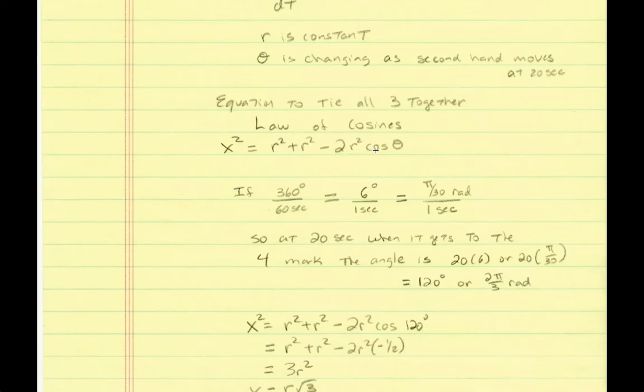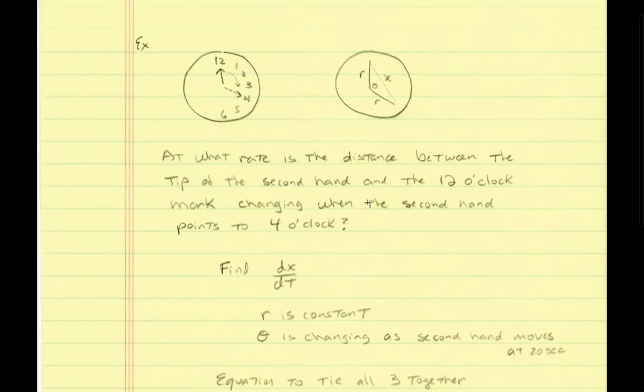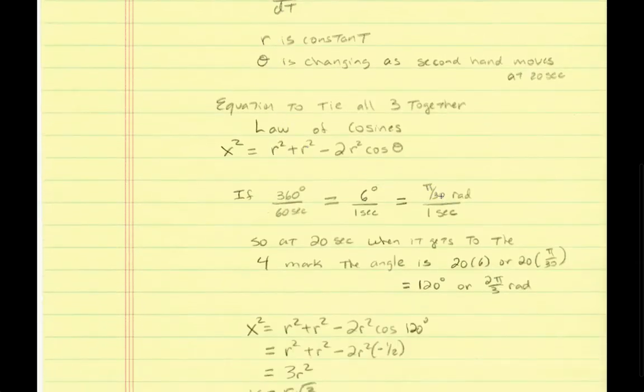Now I've got some stuff to fill in before I take the actual derivative. First, there are 360 degrees in a full circle and 60 seconds to go around that circle, which reduces to 6 degrees every single second. So this hand, every tick of a second, moves 6 degrees. In radians, that's pi over 30, just converting degrees into radians.